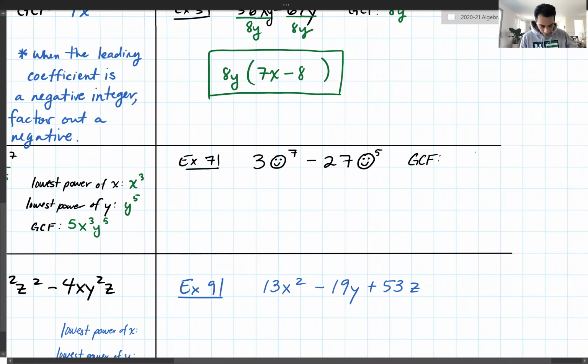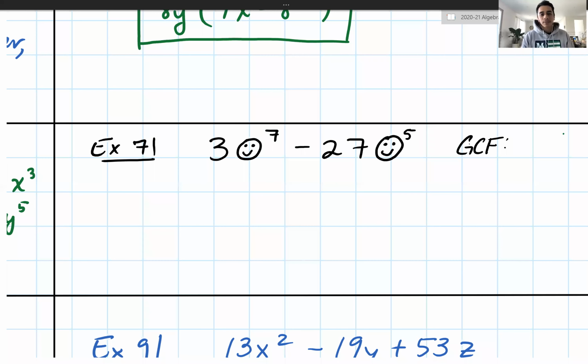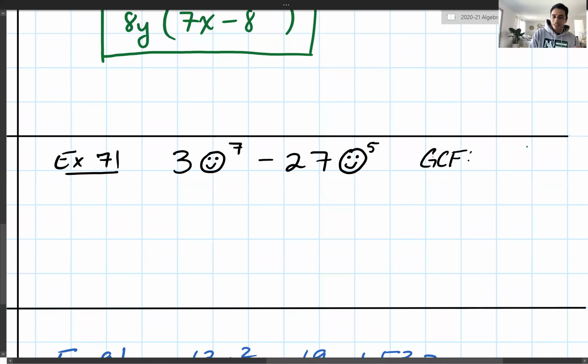Number 7 is just me kind of messing around here. You have 3 happy face to the 7th minus 27 happy face to the 5th. What's the GCF here? First, between the 3 and the 27, the GCF is 3. What else do they both have in common?